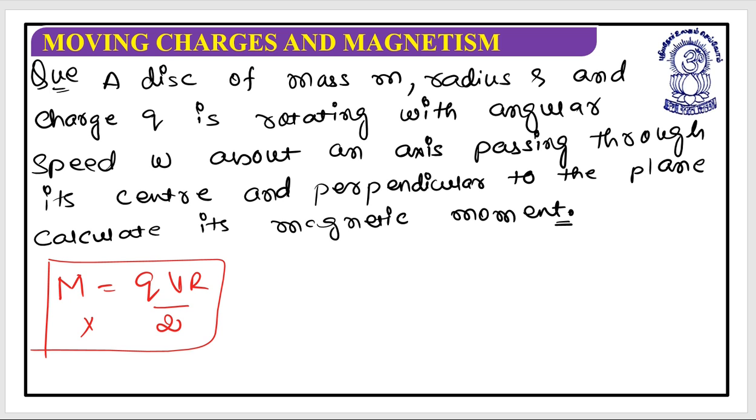Why? Because this is the disk, and while the disk rotates, you have studied rotational motion in class 11. In those times you studied that every object has a certain inertia while rotating, which we call the moment of inertia.